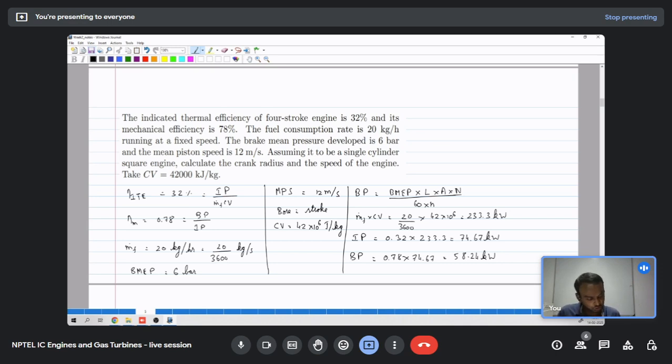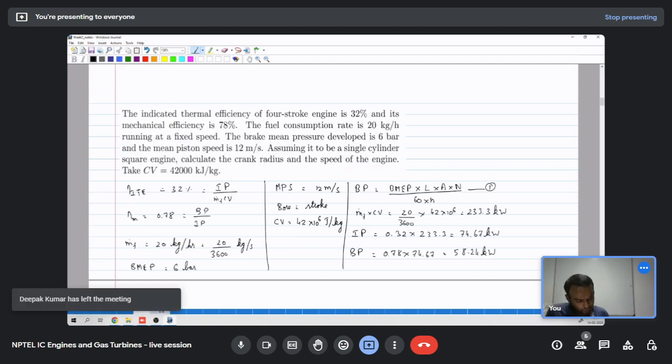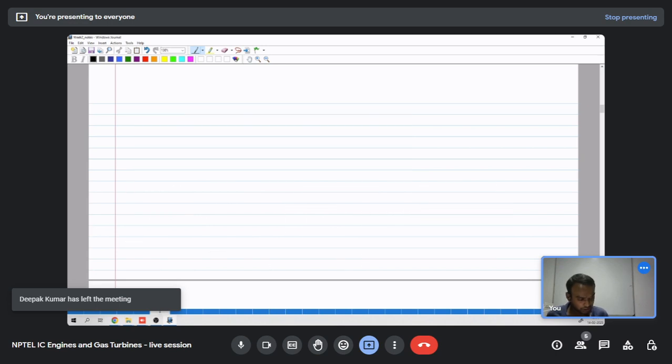So now using this brake power and substituting in equation 1, I will write the equation again.